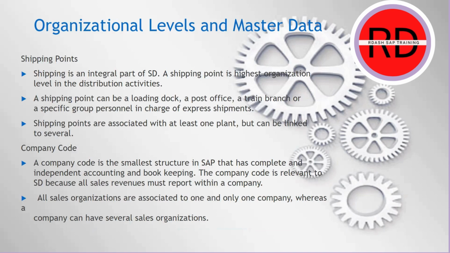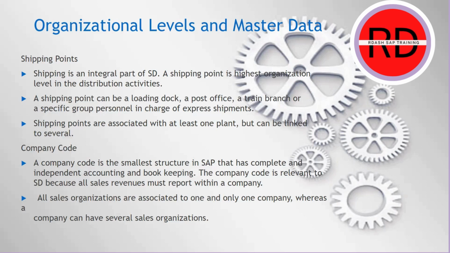Also, we need organizational units like shipping point and the company code, plant, storage location. Shipping point is an integral part of the sales and distribution model. It is the highest organizational unit in the distribution activities.